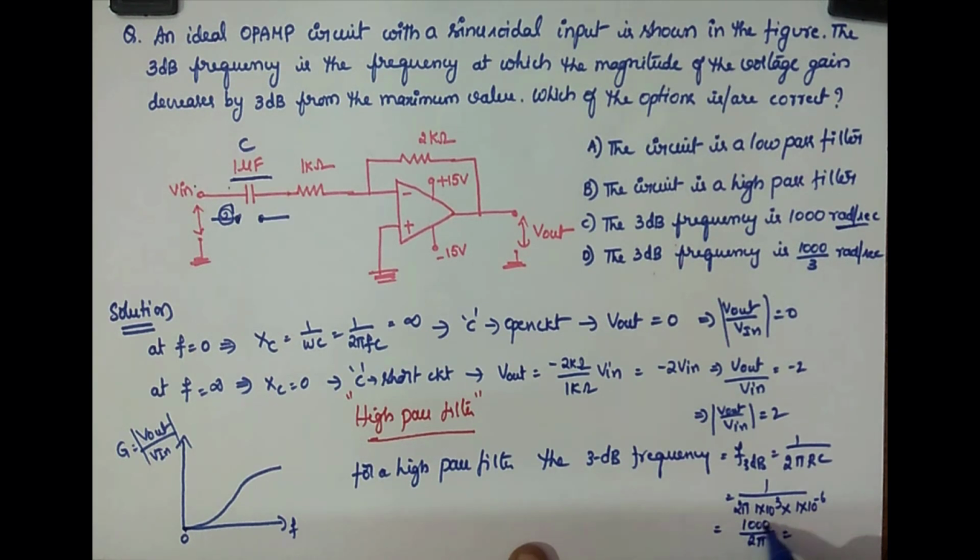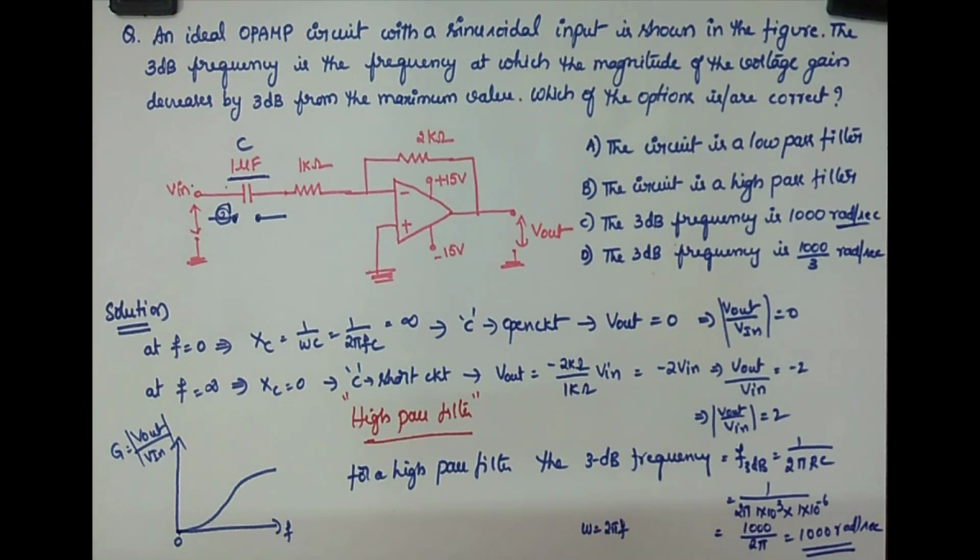So it is 1000 by 2 pi, meaning 1000 radians per second, as omega is equal to 2 pi f. To get omega, just simply multiply this frequency with 2 pi, then 2 pi gets cancelled. You are going to get 1000 radians per second.